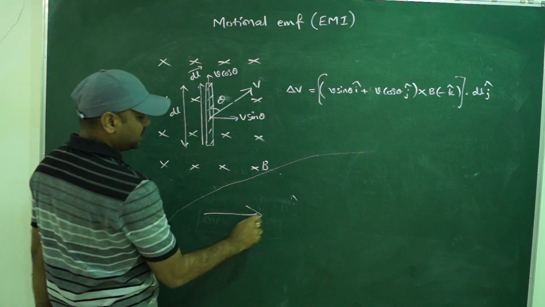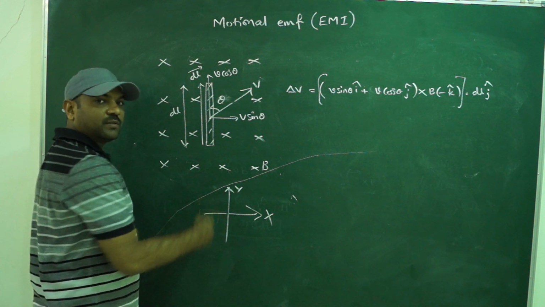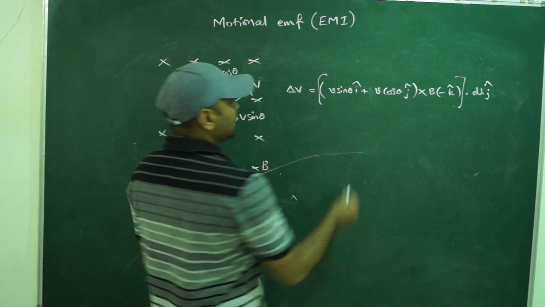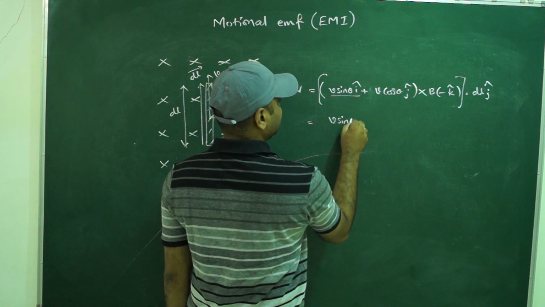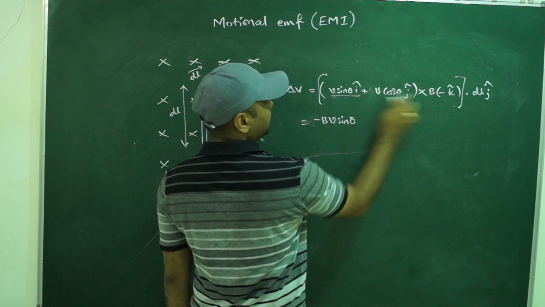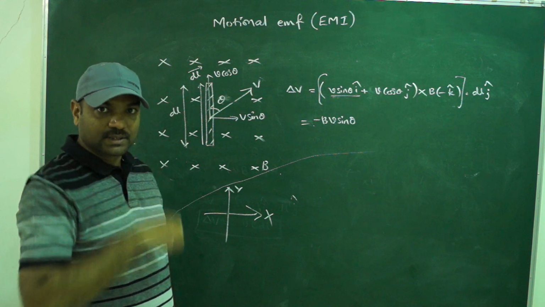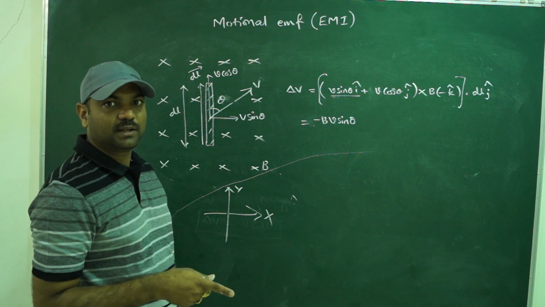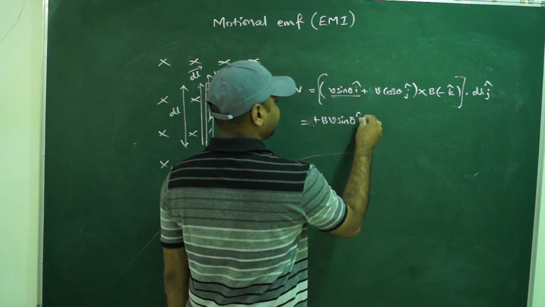So my directions are x, y. Outer the board will be z. Inside the board will be minus z. So if I am taking the first one, V sin theta minus of B, I am multiplying these two. I cross k. K cross i will be z, i cross k will be minus z. So ultimately this is plus z.